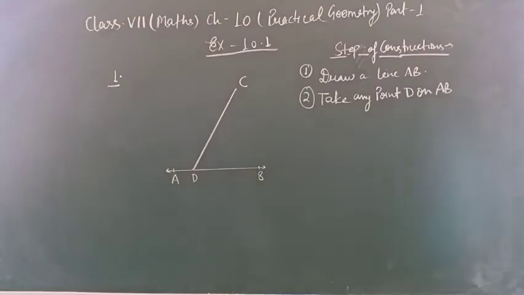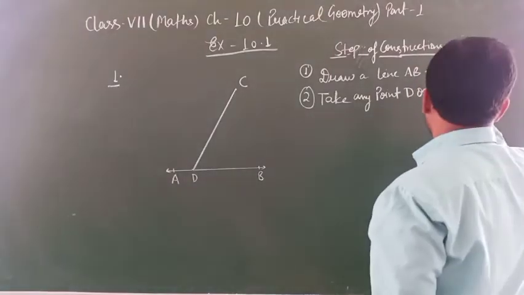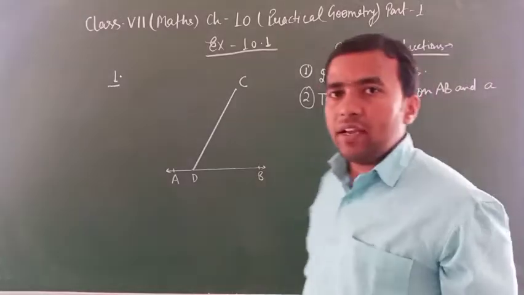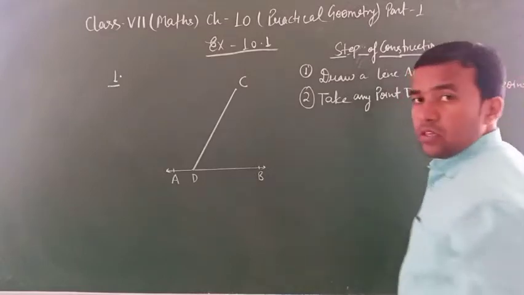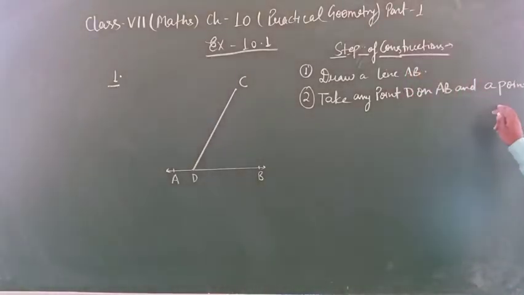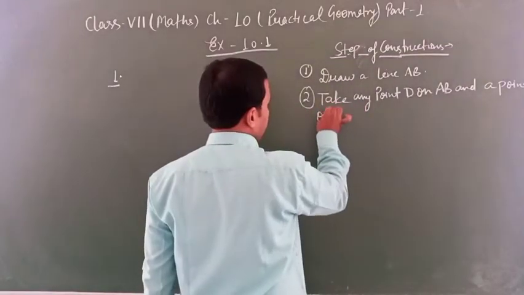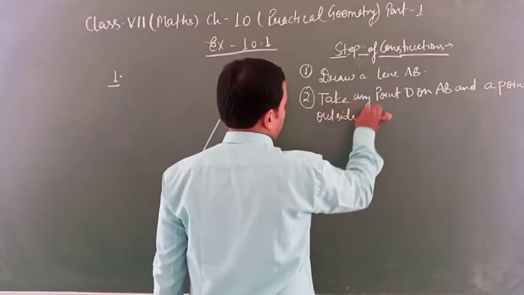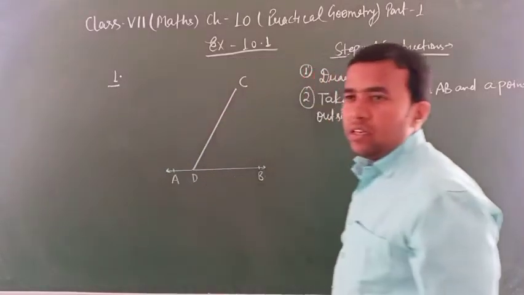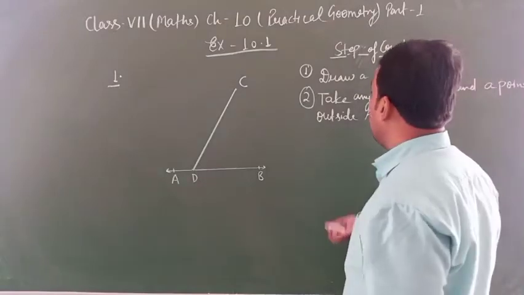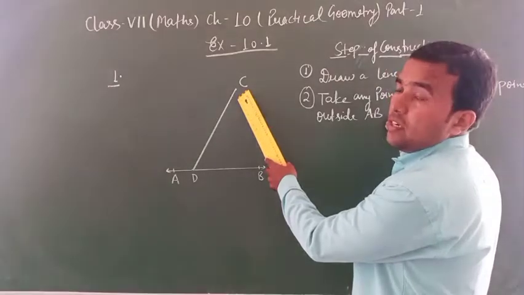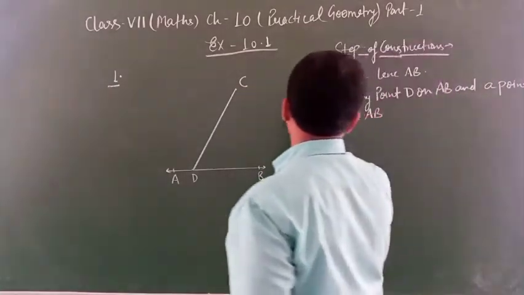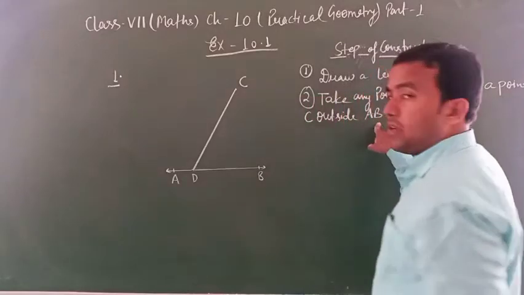Take any point on AB and a point outside AB. Which point have we taken outside AB? C. Take a point C outside AB.